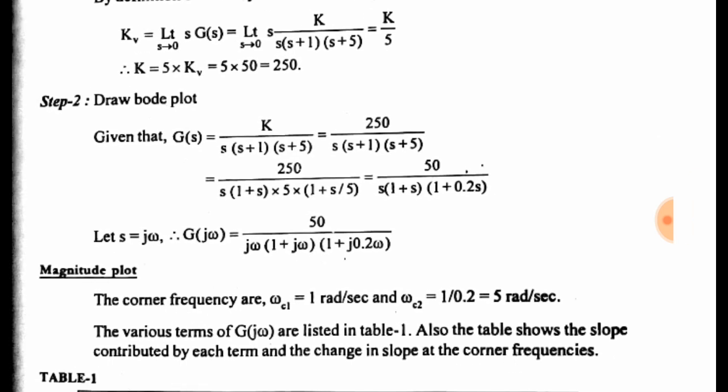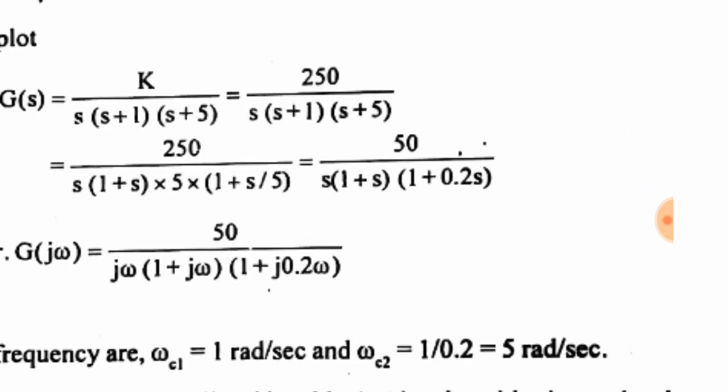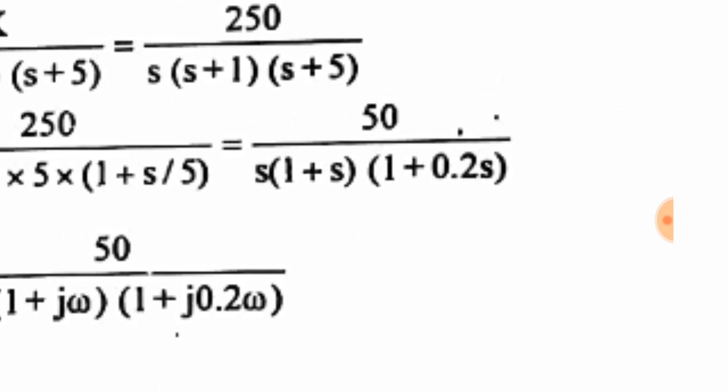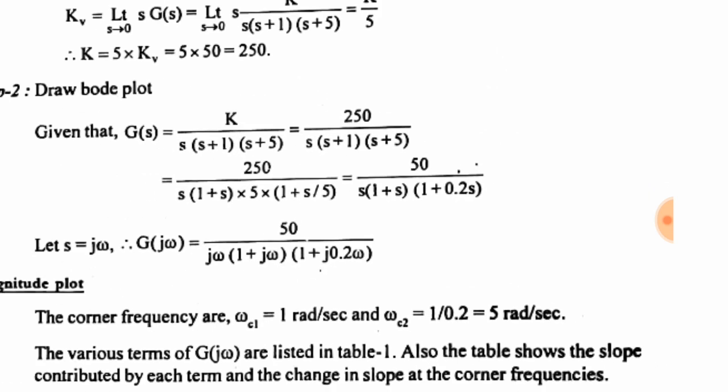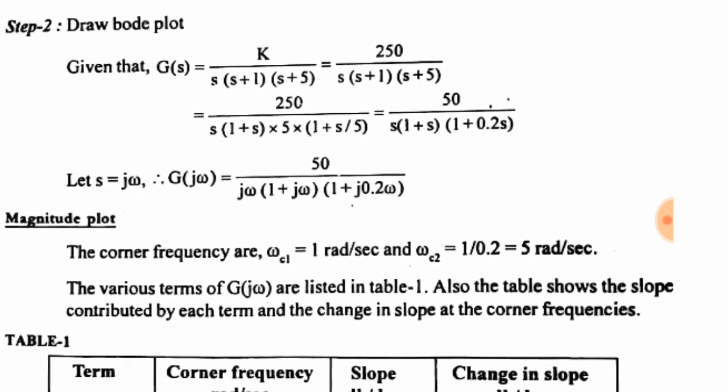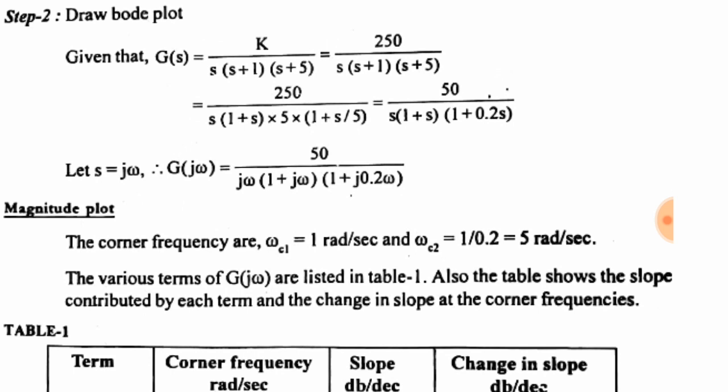So the next steps are for designing the Bode plot. Given that G(s) is equal to K of that, we are standardizing the equation, and we will finally get 50 / (s(1+s)(1+0.2s)). We substitute j omega for s in that equation, and we get two corner frequencies here.